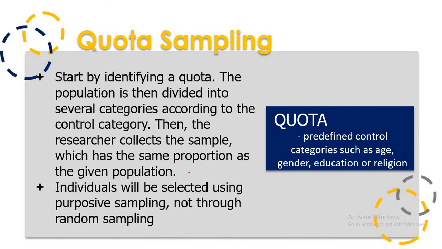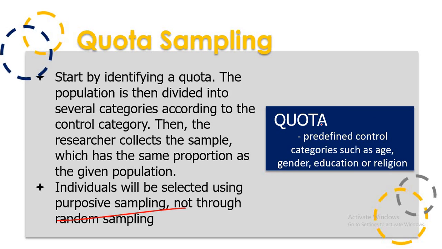Individuals will be selected using purposive sampling, not through random sampling. Its counterpart in probability sampling should be stratified, because there will be groups, and then from each group you are going to select. The method of selection will be purposive sampling, and that is quota sampling.